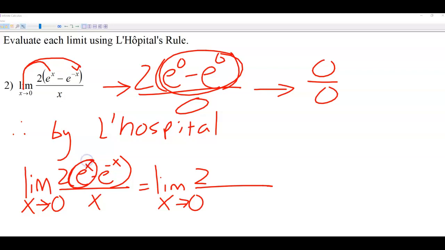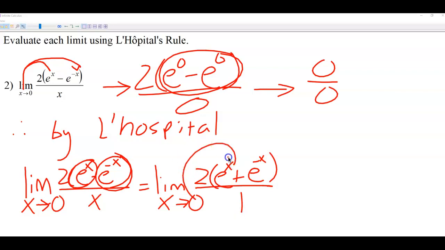When you take the derivative of this e to the x, you're going to get e to the x. Now, when you take the derivative of this one, you're going to get e to the negative x again. But since there's a negative, you have to do the chain rule. So the derivative of that exponent is -1. So we would put the -1 in the front here. But since there's already supposed to be a minus, that's a double negative, and basically what we're going to end up with there is a positive. And on the bottom, you end up with just 1.